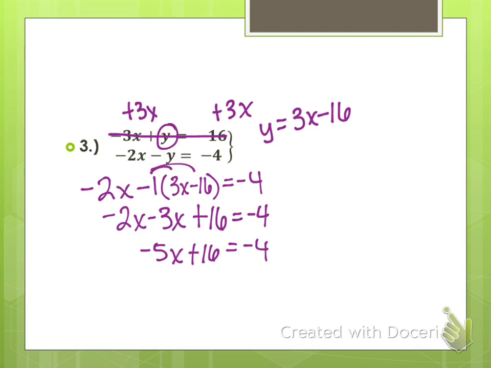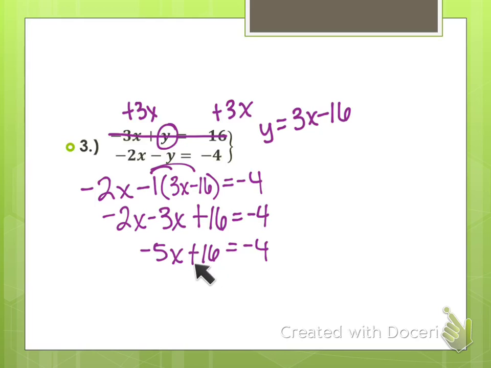Okay. Next thing I need to do to solve for x, Nevaeh. I'm trying to solve for x. What's the next step I need to take? How are we going to get this x alone? Divide? Not yet. We've got to get rid of this first. So what operation are we doing with the 16 right now?